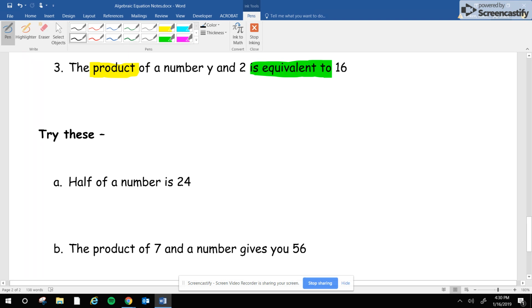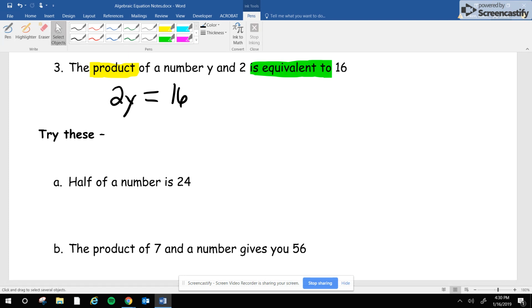But since we're multiplying, we always want our coefficient first. So our coefficient is the number that we're multiplying by our variable. So I'm going to write 2y. I don't need a dot. Of course, we don't use x anymore. We don't need parentheses here. It's just our coefficient 2 and our variable y. We just write it like that. Is equivalent equals 16. So our two expressions are 2 times y and 16. We're making them equal.